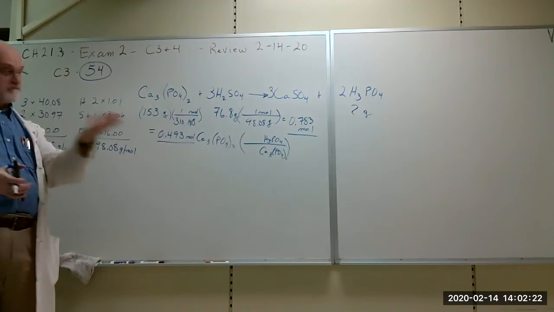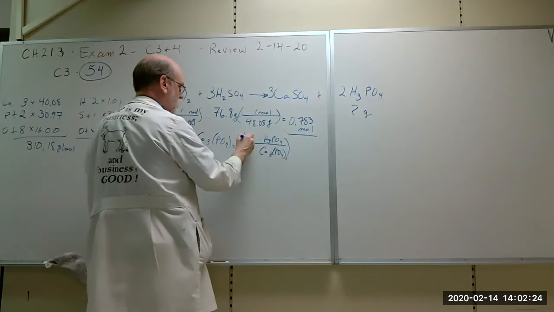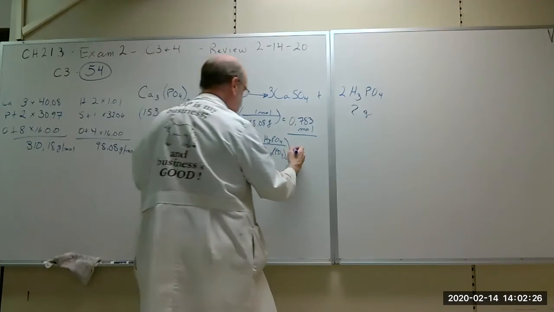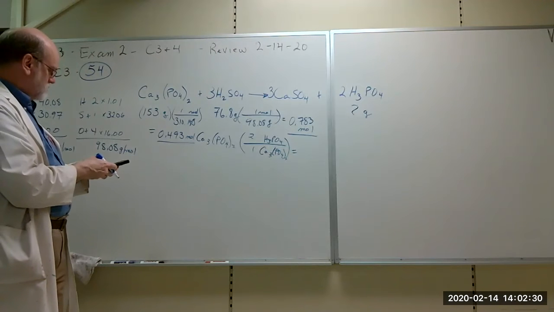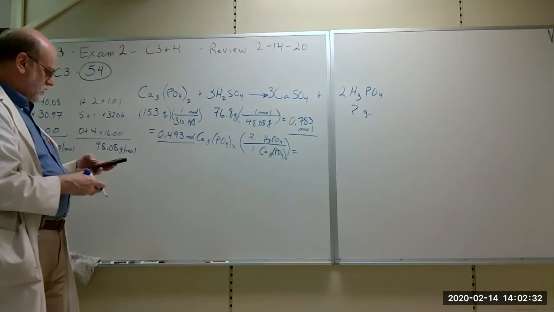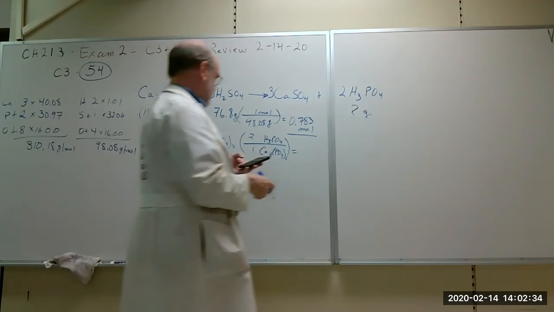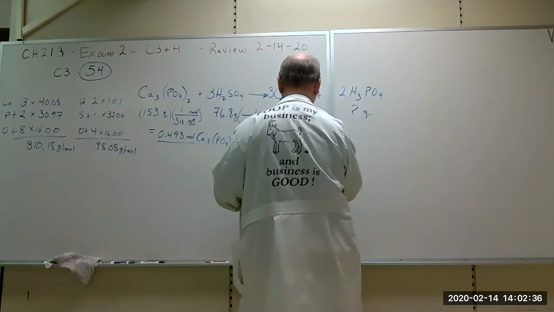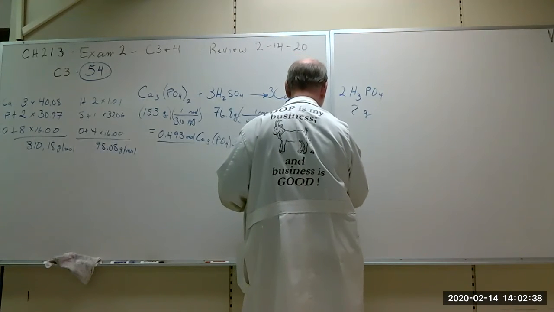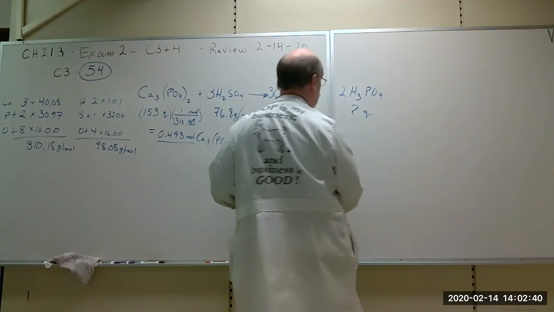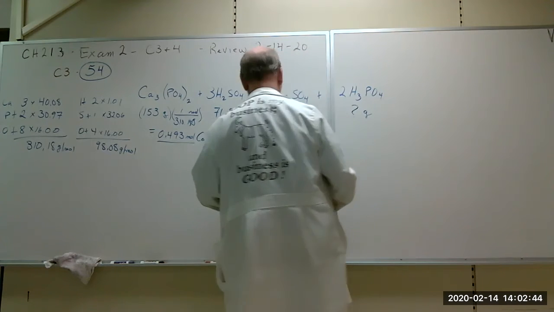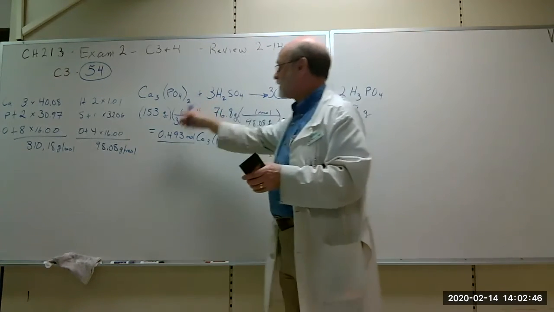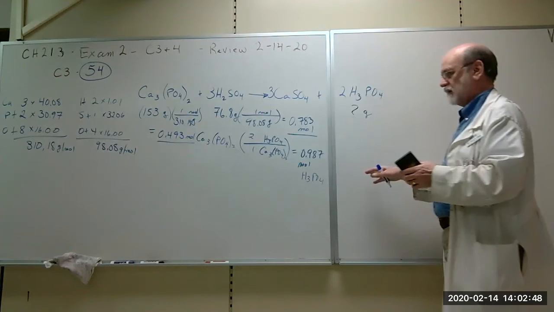Coefficients, right? So we have 2 here, 1 there. So this is going to be 2 times that, 0.987. 0.987 moles of H3PO4. And this is if all of the calcium phosphate is converted.